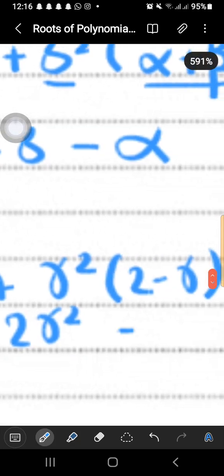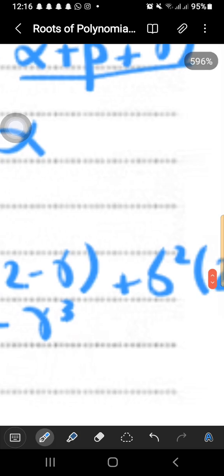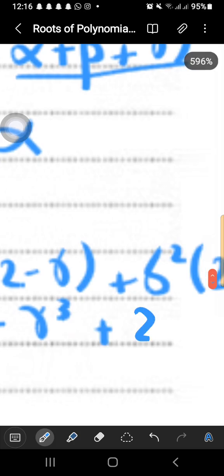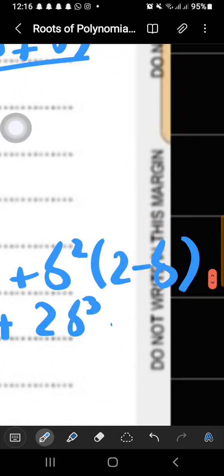So we are getting a pattern here, so we'll take common and get simple things to solve.